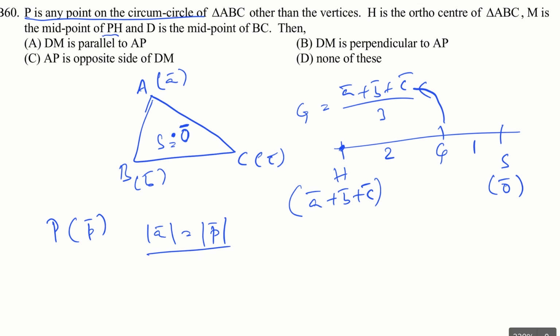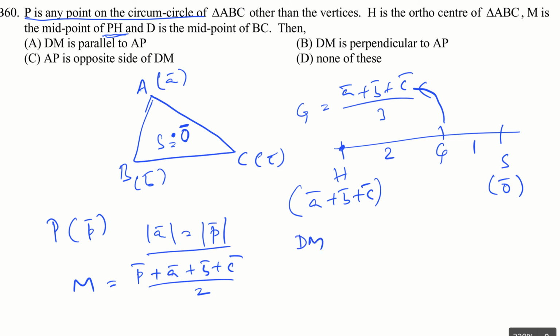Now M is the midpoint of PH, he said. So let's write M there. M is nothing but P bar plus A bar plus B bar plus C bar by 2. Now in every option you can see that he is talking about DM and AP. So let us write the vector along DM.